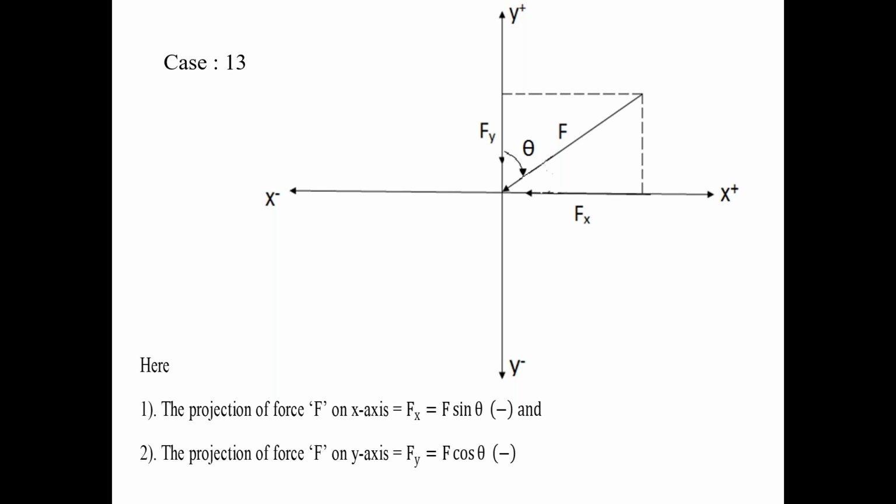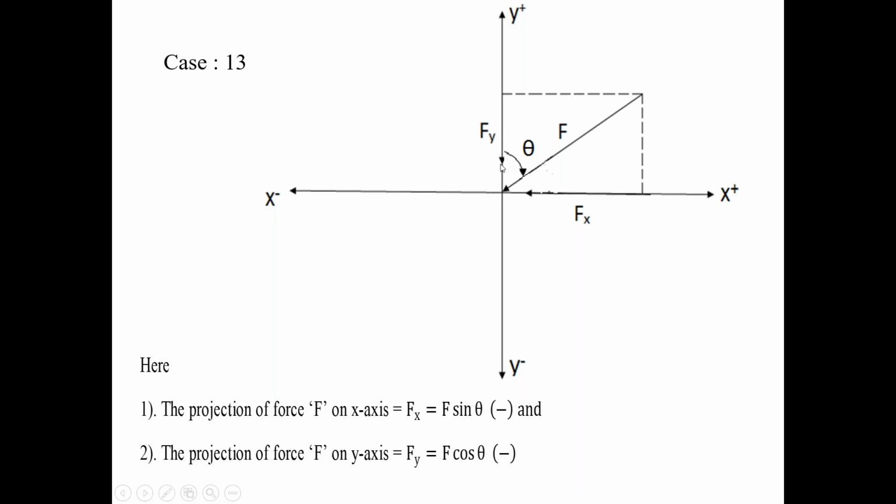Again, the force F is making the angle theta with the y-axis. Since the force F is making the angle theta with the y-axis, the x-axis projection Fx is equal to f sin theta. The y-axis projection Fy is equal to f cos theta. As per the directions of projections, Fx is a negative projection because the direction of Fx is towards the negative x-axis.